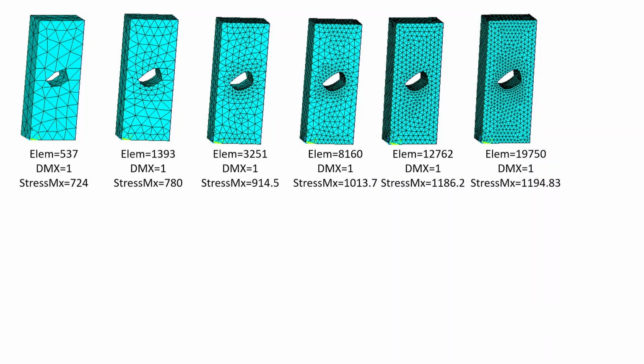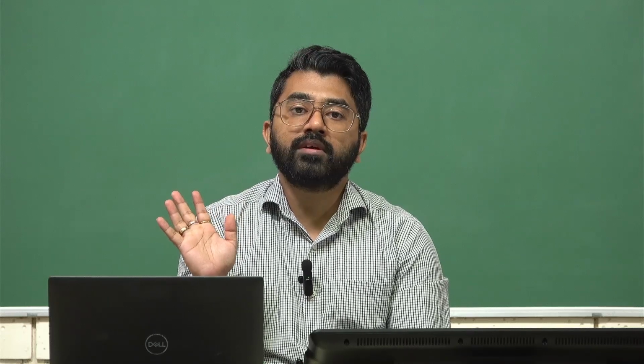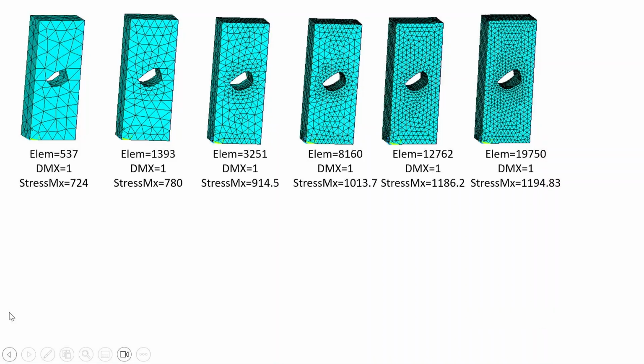So which is my optimal mesh? Which mesh should I ideally select? The optimal mesh is, by definition, the mesh with a particular number of elements beyond which the results do not change drastically. That is the basic definition. We are seeing that the DMX almost stays the same, but the stress values keep on changing.